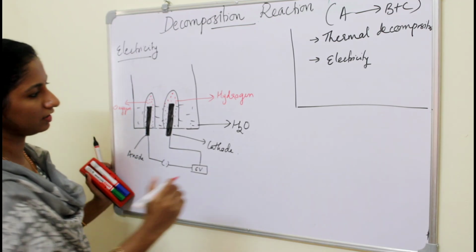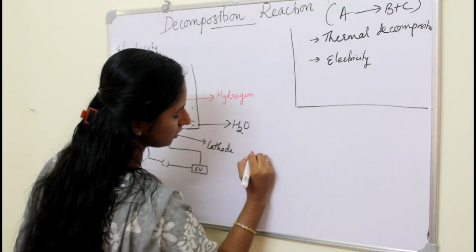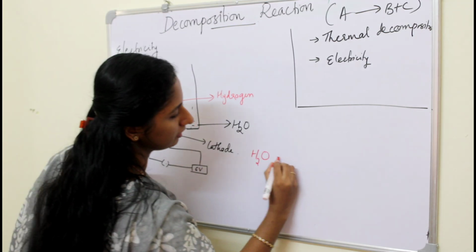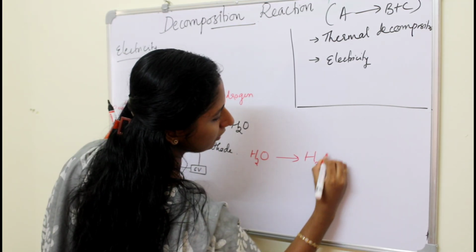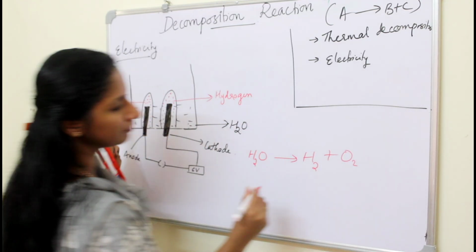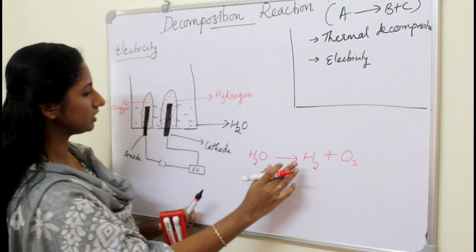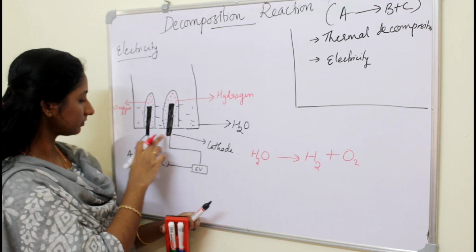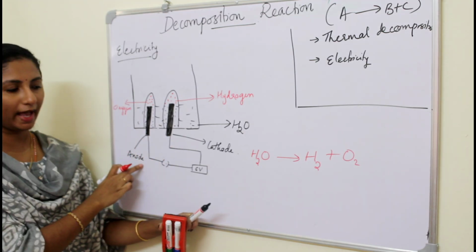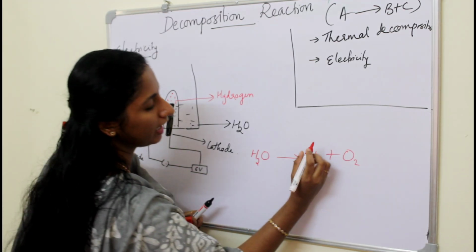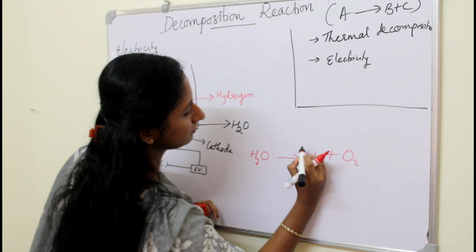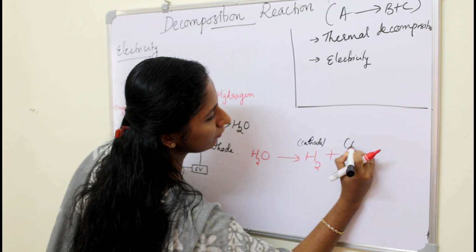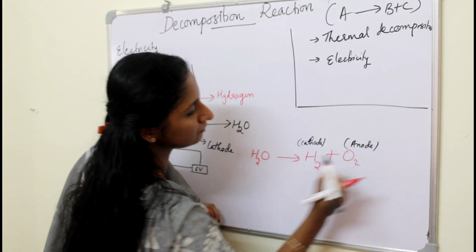So we can write down this equation. We are taking water as the reactant and we are getting hydrogen and oxygen. Hydrogen is evolved from which electrode? Cathode, and oxygen is evolved from the anode.